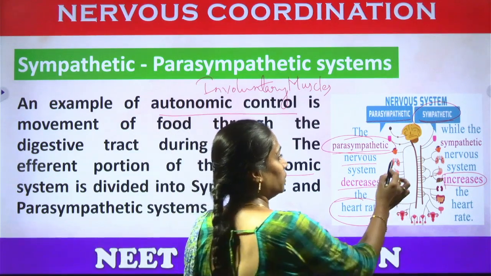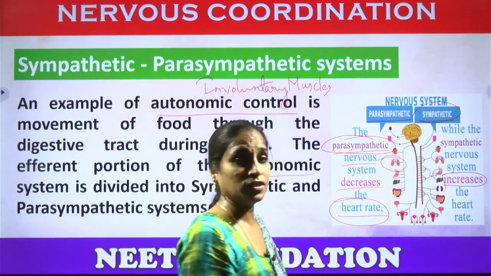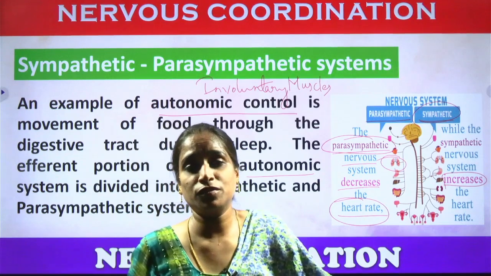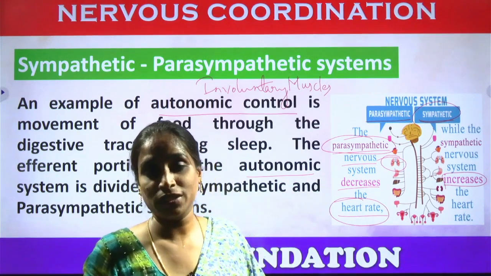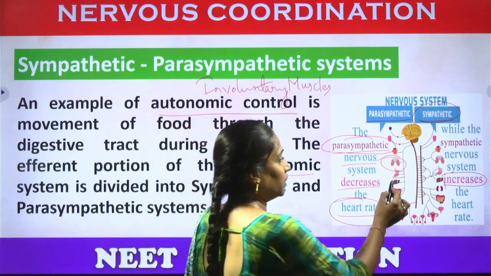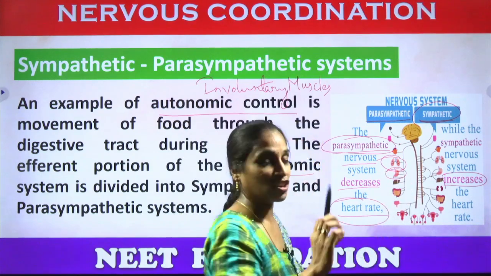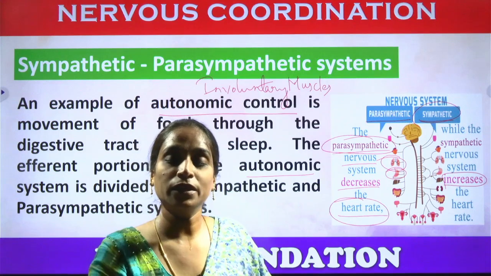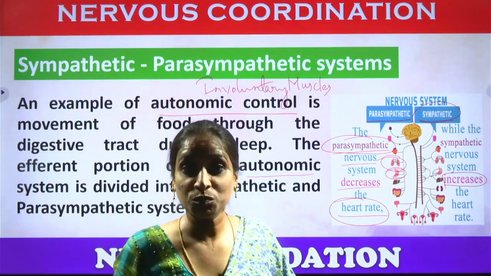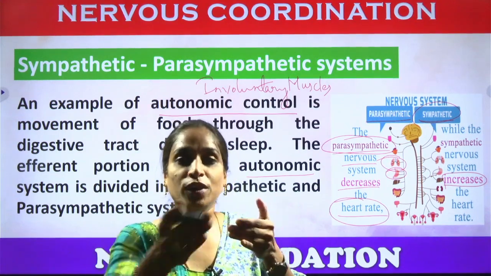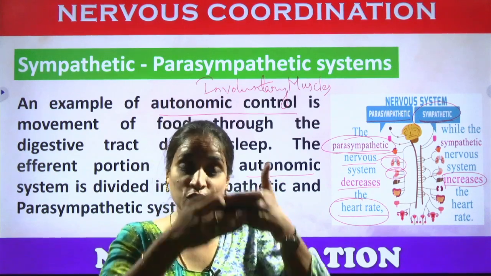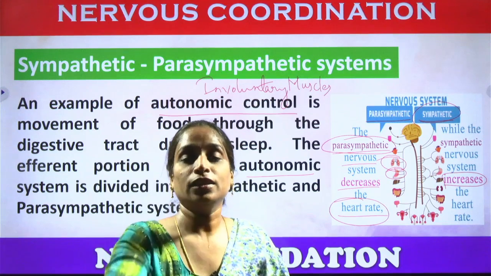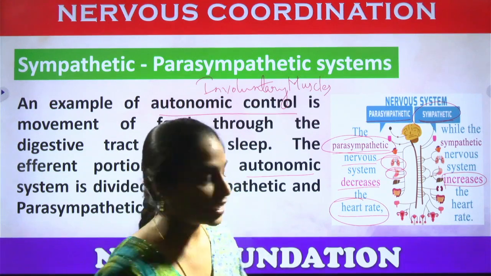One kind of system will be responsible for the inhalation process and one for the exhalation process during respiration. And what about stomach muscle contraction and relaxation? There we can observe multiple types of muscles. Smooth muscles, one for movement of the food material, one for stopping the food until it digests completely and then it goes in a forward direction, right?